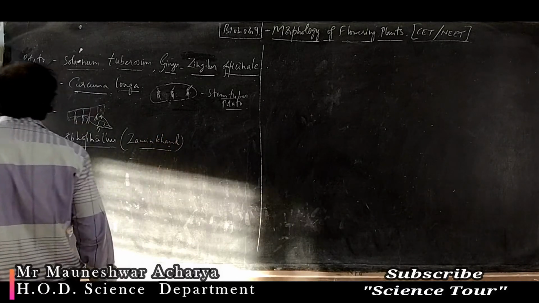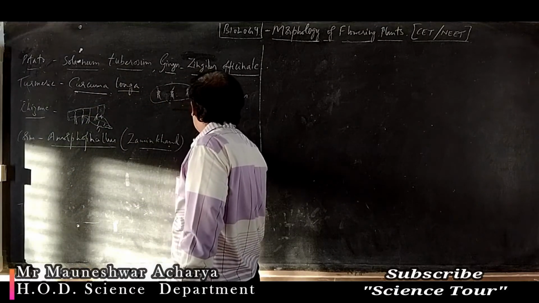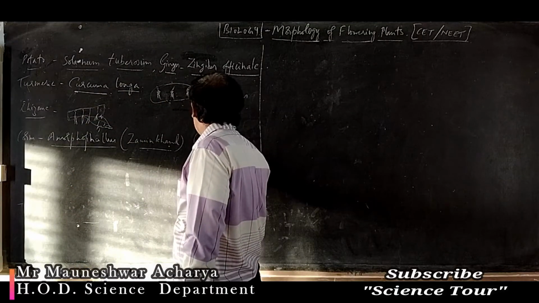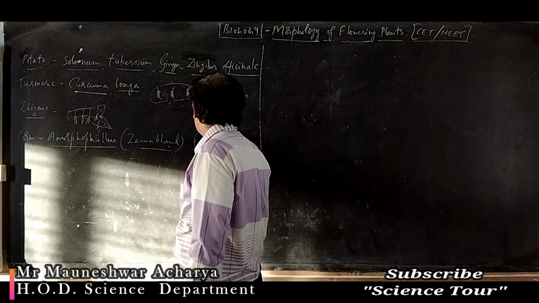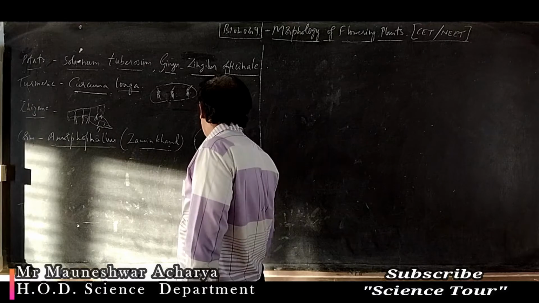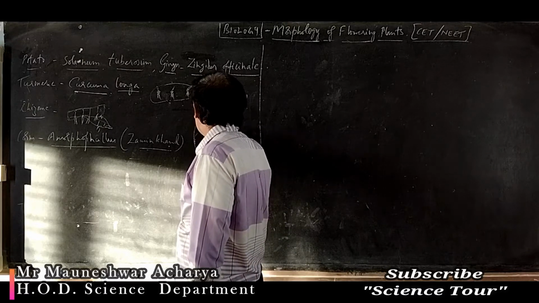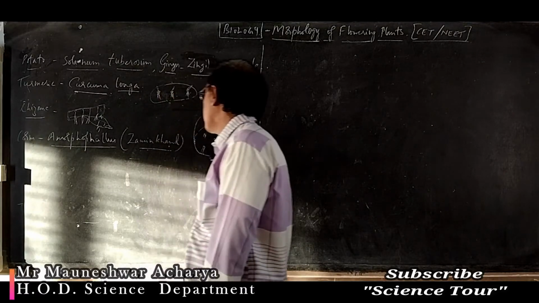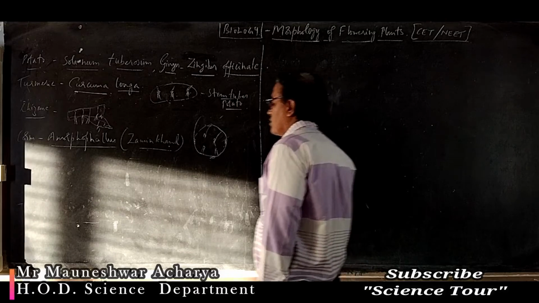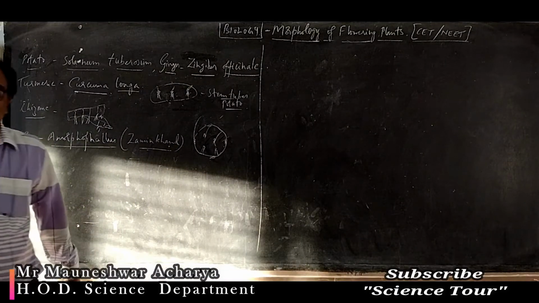So here the modification is called corm, where the stem is very thick and stout, and they are having nodes and internodes, and from there the adventitious roots and the stem start to arise and give new plants. So Amorphophallus, Zameen Kand, is called corm. The stem is very thick and stout.